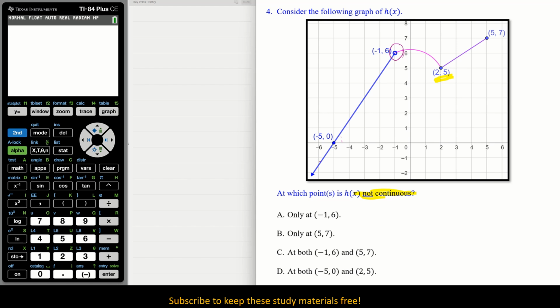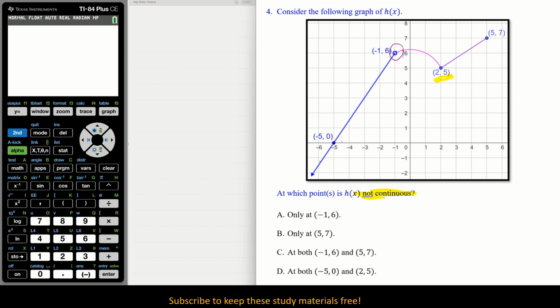It is a closed point and it has some kind of a curve on each side. You can come from both directions and it is filled in. So this means it is continuous. Just because it is a corner type point does not mean it is discontinuous.